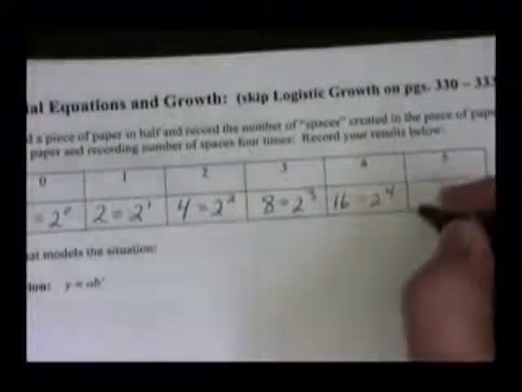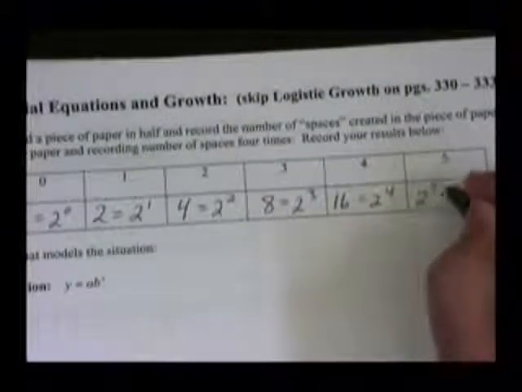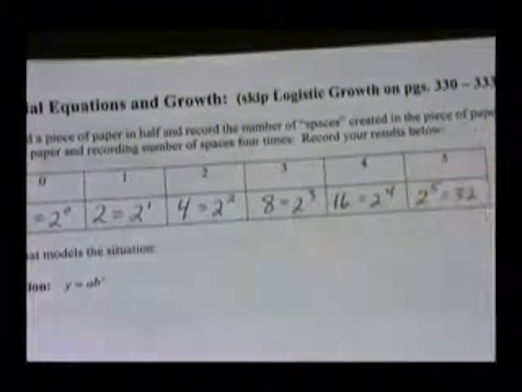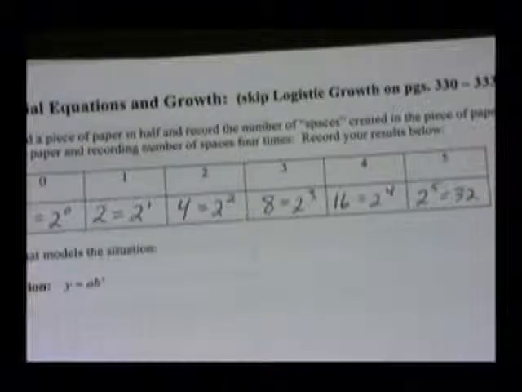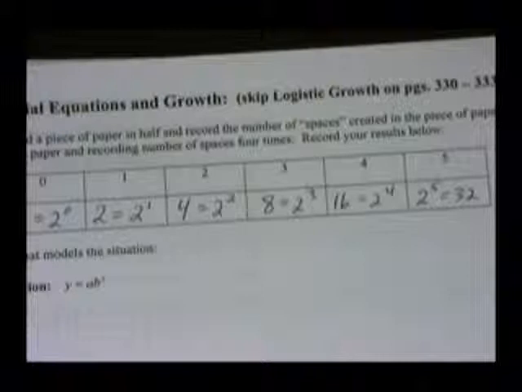So what we think should happen for 5 folds would be 2 to the 5th, which would be 32. And if you take your paper and make a 5th fold, and then count those, you should get 32.